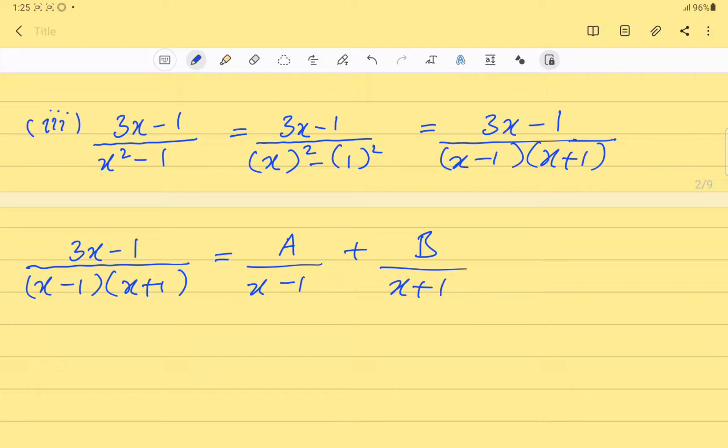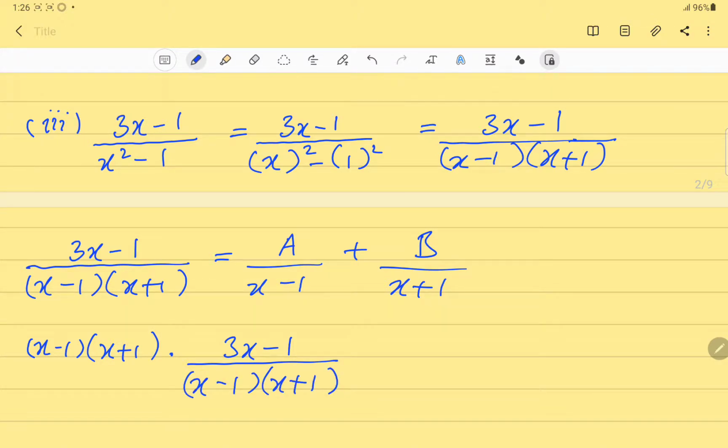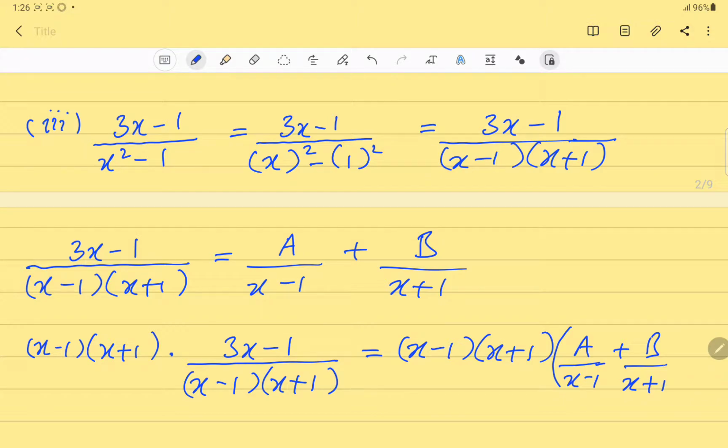Now we will multiply both sides by x minus 1 into x plus 1. We write it like x minus 1 into x plus 1, 3x minus 1 over x minus 1 into x plus 1 equals x minus 1 into x plus 1 multiplied by a over x minus 1 plus b over x plus 1.